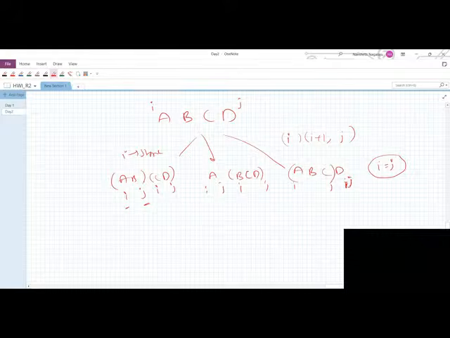When I have just a single A, both my I and J are pointing towards A only. When I have a single D, also my I and J are pointing towards a single value. So when I equals J, I have a single matrix, and I already know that the number of operations will be 0. This will be my base case. When I equals J, I will be returning 0 because the number of operations will be 0. I hope you got the point that I am saying.